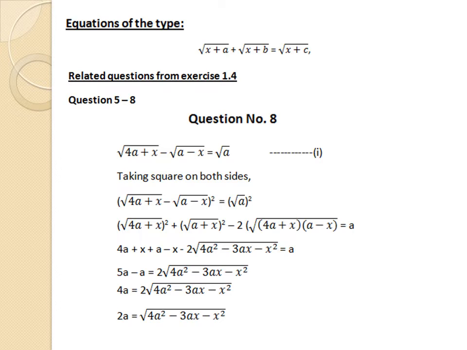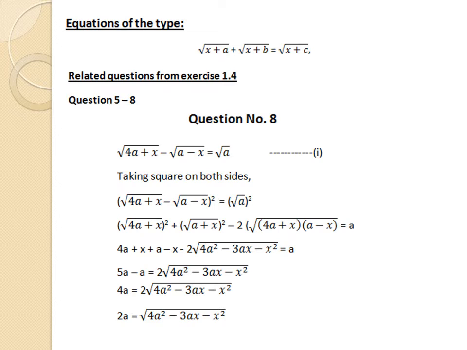After taking square, we get square root of 4a plus x minus square root of a minus x, whole square, is equal to square root of a whole square. We can apply identity 2, that is a minus b whole square is equal to a square plus b square minus 2ab, on the left hand side to expand the square, and on the right hand side your square will cancel the square root and we get a on the right side.